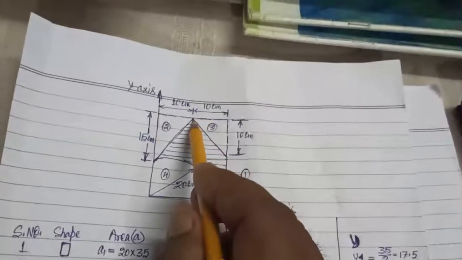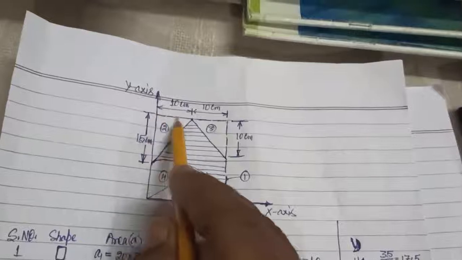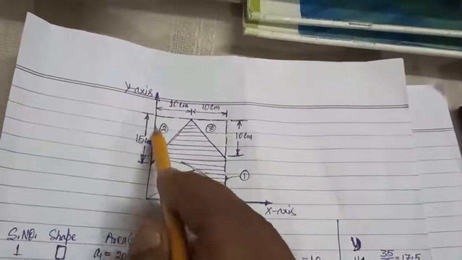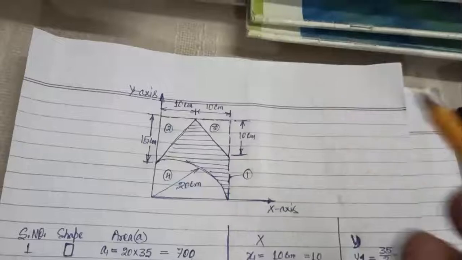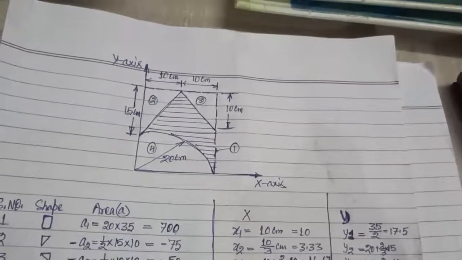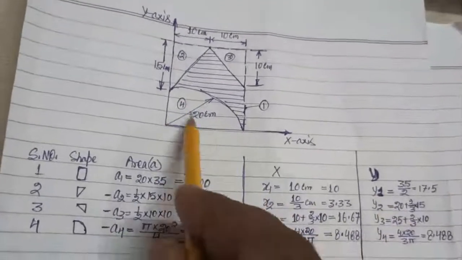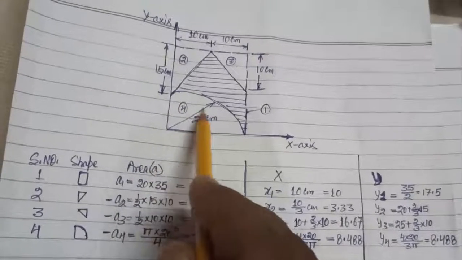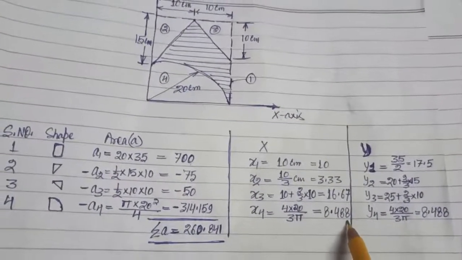And for this one, from here it is 2 by 3 of 10, and 10 will be added to measure from here. So it is 10 plus 2 by 3 of 10, which is 16.67. And for the quadrant it is 4r by 3 pi. So r is 20, and 4r by 3 pi is 8.488.